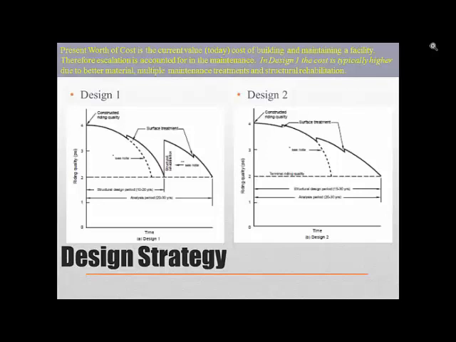In year 1, we add a maintenance cost, and in year 2, we escalate the maintenance cost. Thus, in design 1, the costs are typically higher due to better material, multiple maintenance treatments, and a more expensive structural rehabilitation cost, possibly far outnumbering the cost of design 2.